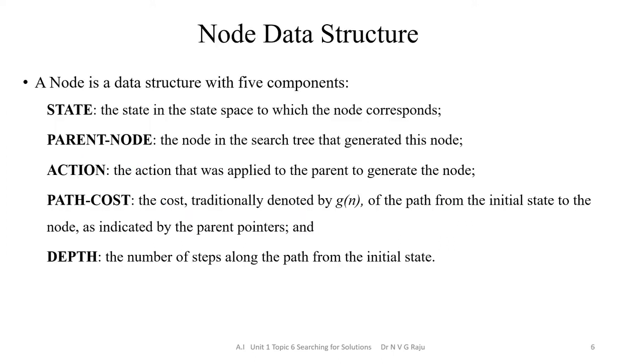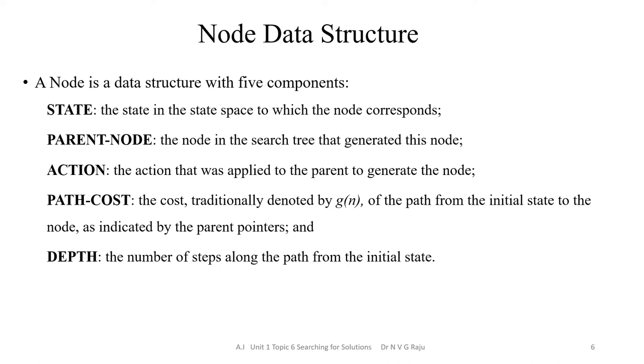As we already know, the environment of the problem is represented by a state space. State space is represented by a search tree. For that, we need a data structure. Let us discuss the node data structure.